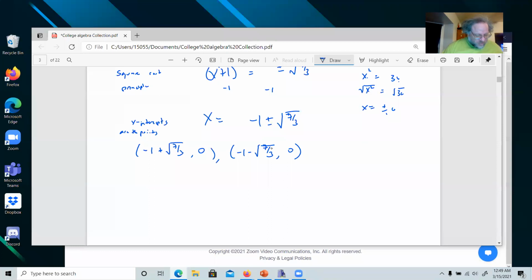Okay, it's a little bit redundant. This one, I worked out before. This was about 0.53-ish, and this was negative 2.53-ish. Okay, so you can plug that into a calculator to get an approximation, because we're going to have to graph this thing, right? I can't estimate that in my head.